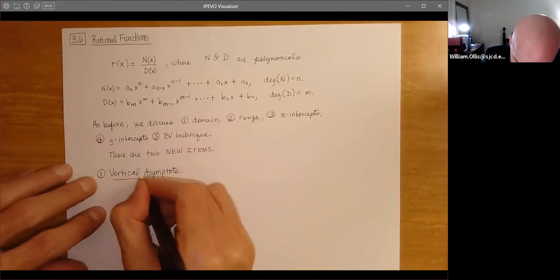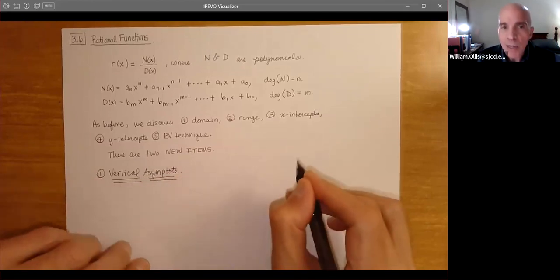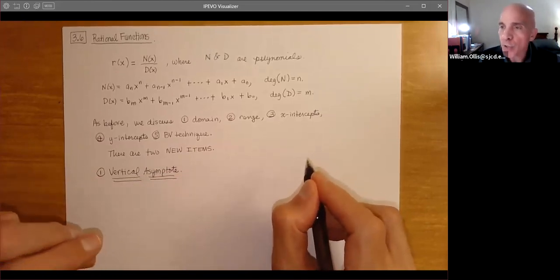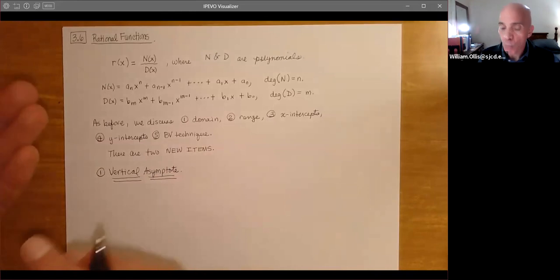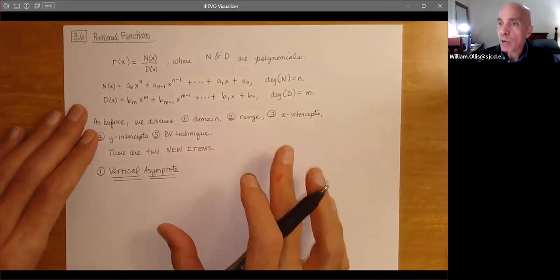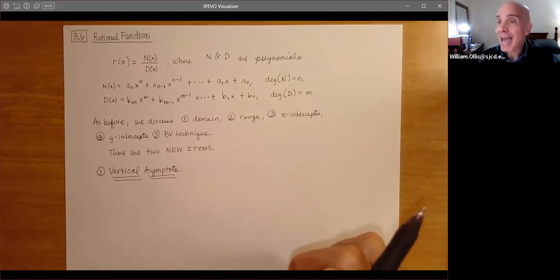So we'll start with this one. Now, when you say asymptote, you think of the adjective asymptotic. That is, an asymptote in what we're going to be talking about will be either a vertical line, a horizontal line, or a line with non-zero slope. That is like maybe something like y equals x plus 2.